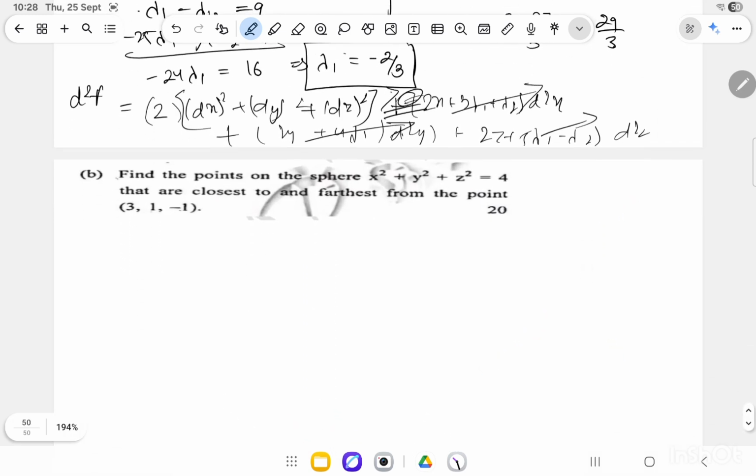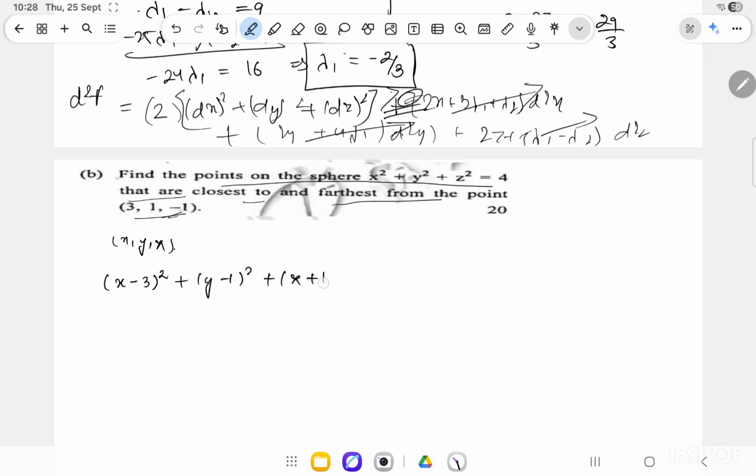So the next question says that find the point on this sphere that are closest and farthest to this point. So let us assume that x, y and z be point on the sphere that is at a minimum or maximum distance from this point. So by distance formula, distance will be x minus 3 square plus y minus 1 square plus z plus 1 square plus lambda times x square plus y square plus z square minus 4.